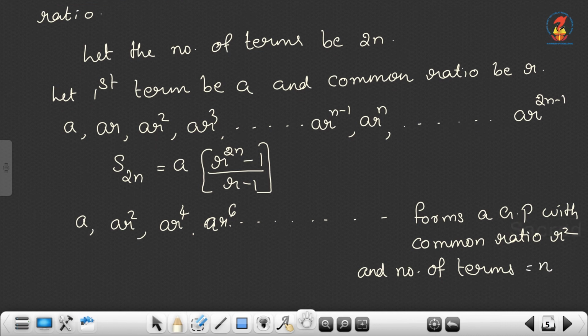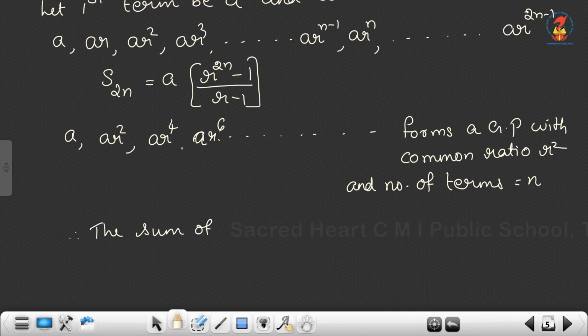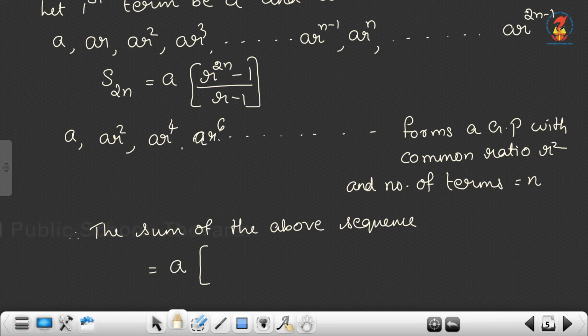Now, what is the sum of this new sequence? Therefore, the sum of the above sequence is equal to first term A into common ratio R square raised to number of terms n, minus 1, by R minus 1.